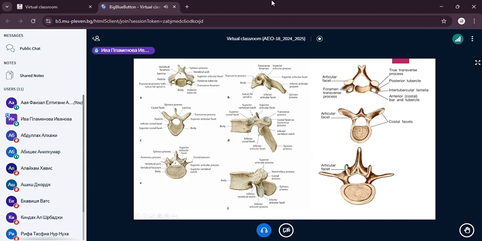Superior articular, inferior articular, costal, and mammillary processes. So we have articular processes, which are superior and inferior, mammillary processes, and costal processes.